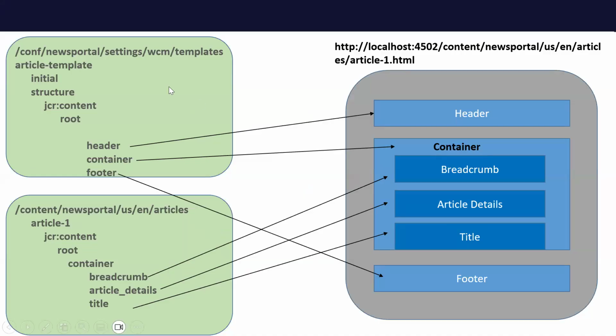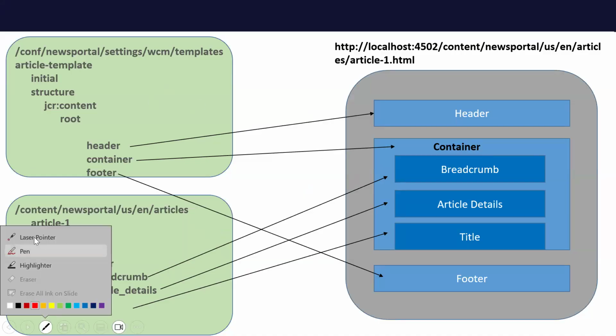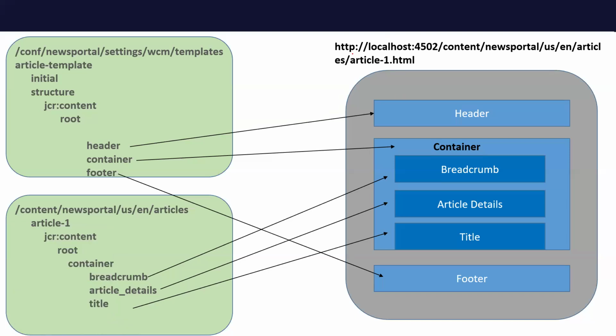Check this page. When you access the article 1 page by using this URL from the browser, localhost 4502, and then the location of the page, content, news portal, us, en, articles, article 1. This is the location of the page in the JCR repository. And this is the web page view. First the header is displaying, and then the container.